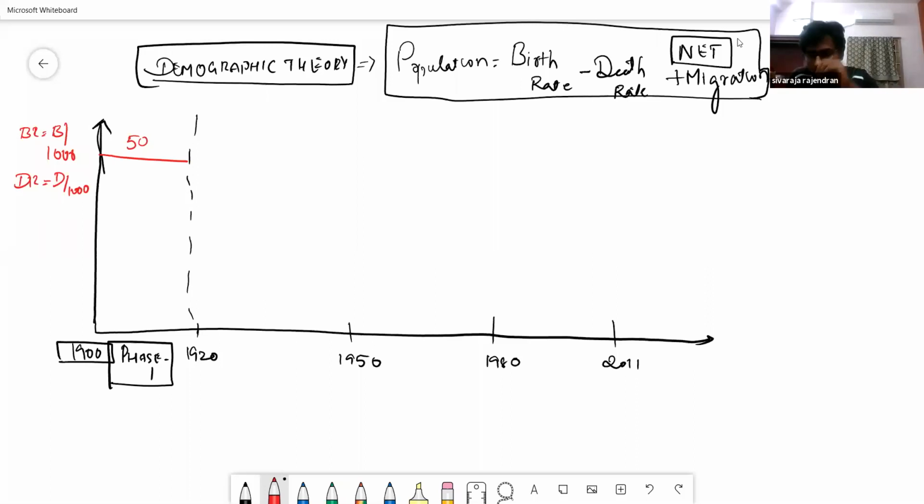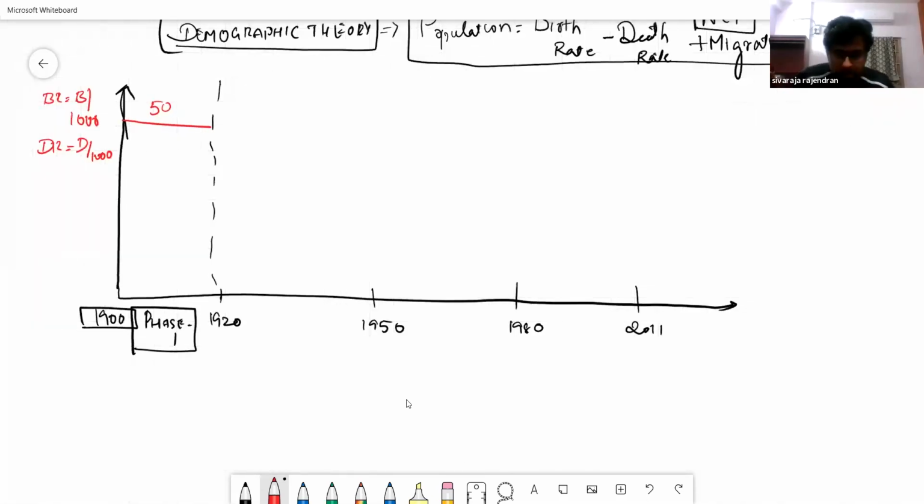One other reason is that 50 people are born, and the same 50 people die as well. So why is there this high number of children? Less health facility.